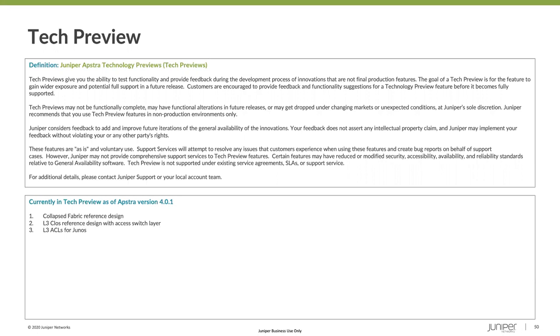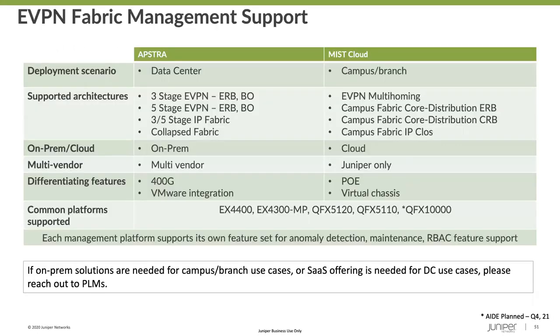And before the demo, I just want to show something which could be a little bit confusing. As you know, on the Mist side, we're also talking about configuring EVPN and stuff, but there are some differences. And one of the key things, of course, is that Apstra is on-prem, Mist is cloud-based.